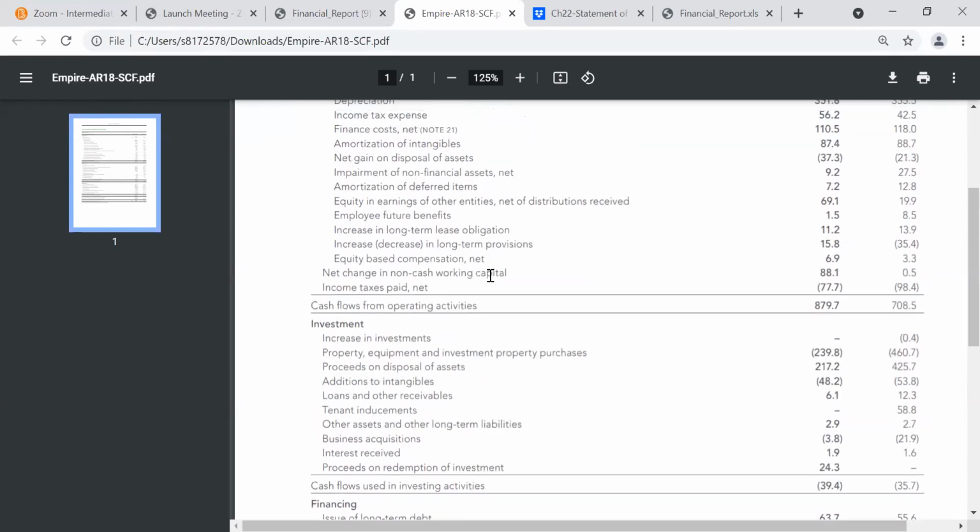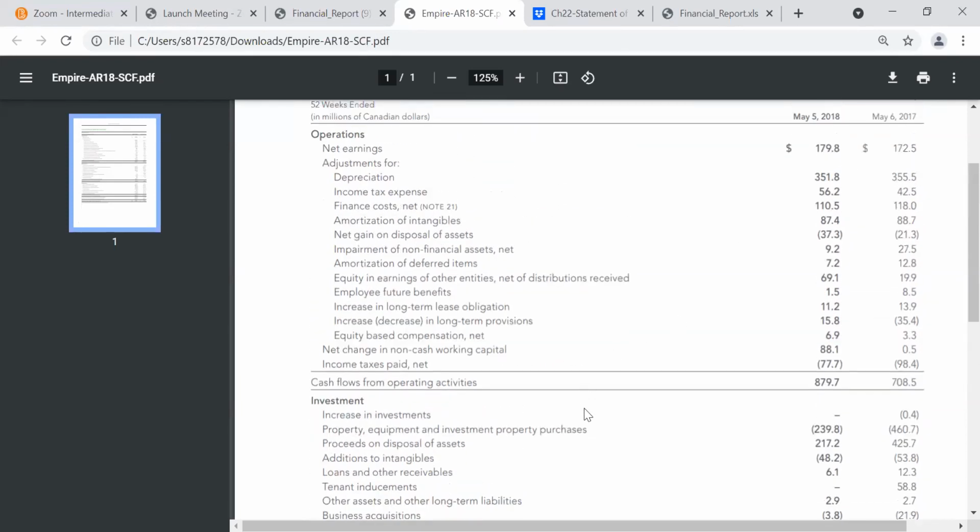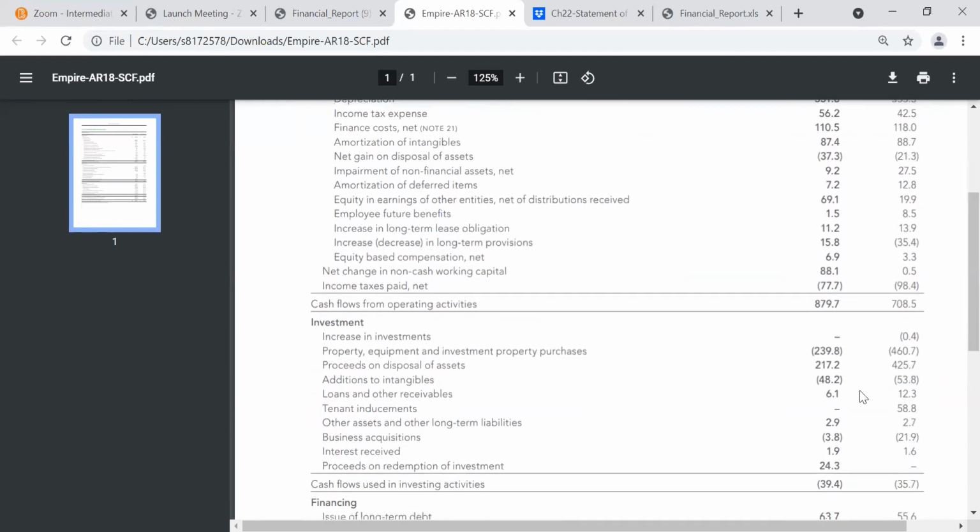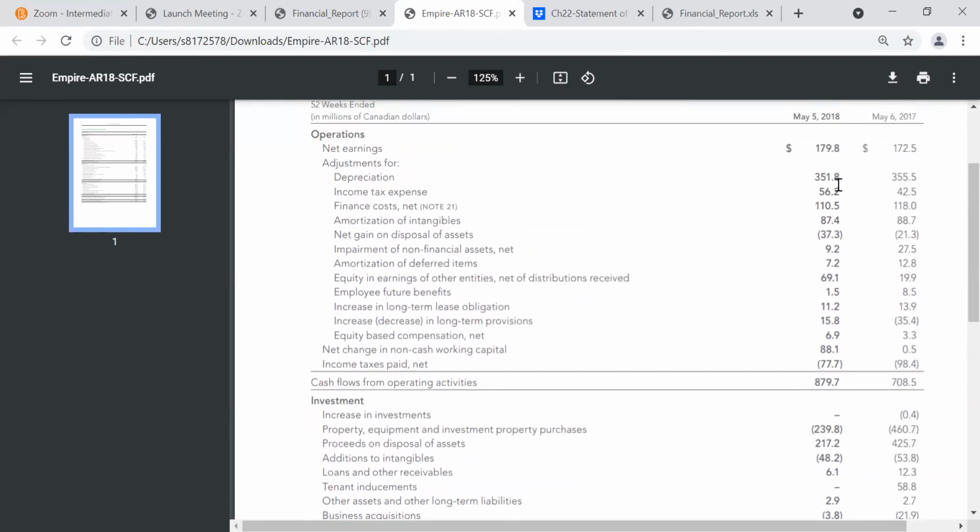That's important because they depreciate a lot, so they did purchase new equipment. This year, the purchase is less than the depreciation, but the previous year, the purchase is more than depreciation. Okay, so they are taking care of their capacity.